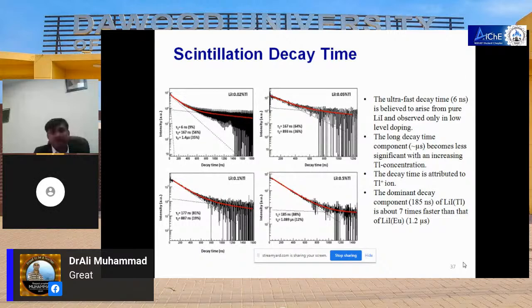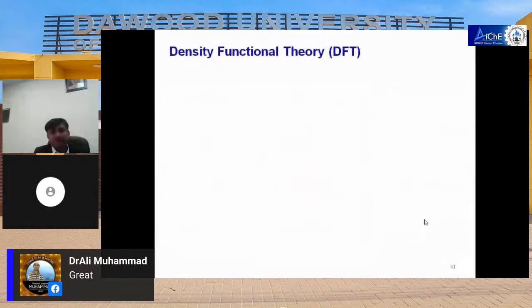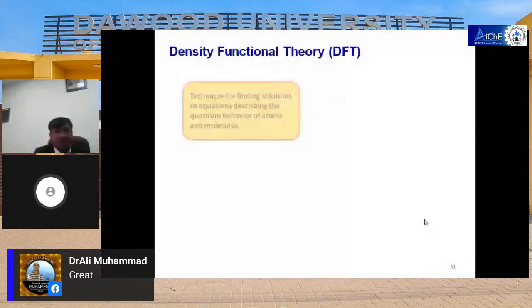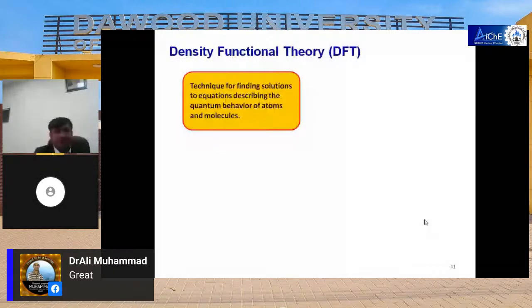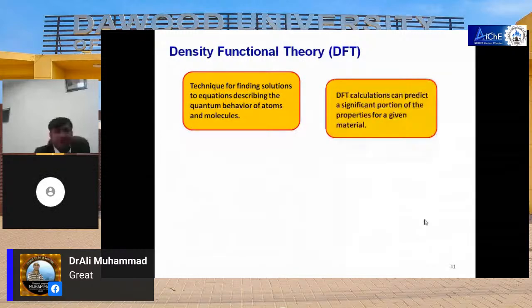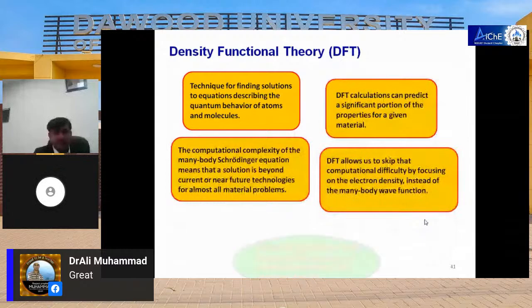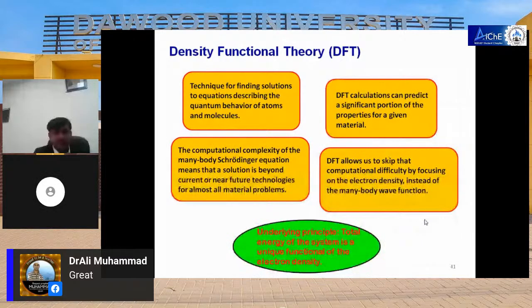So there are different approaches. One approach which we are using is density functional theory. This is a technique to solve the quantum behavior of atoms and molecules.